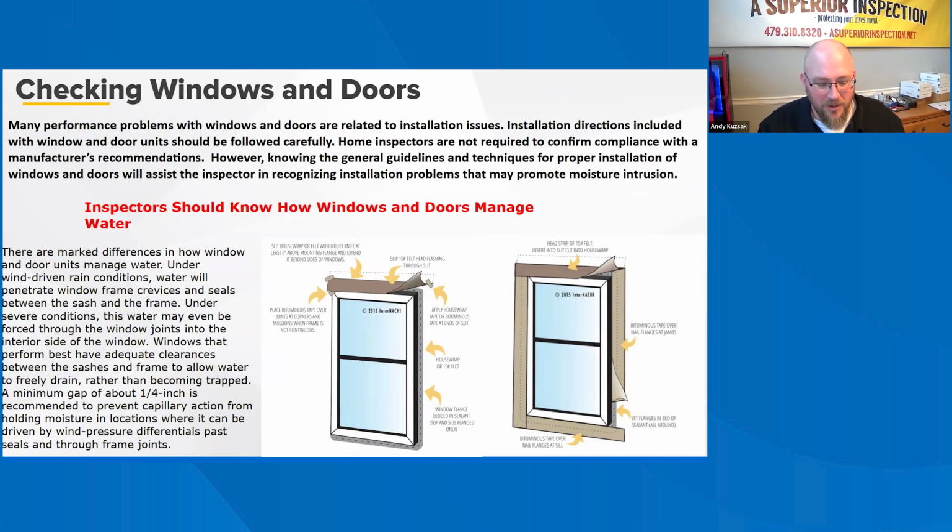So we are getting more and more calls from clients asking about moisture intrusion coming through windows and through different penetrations, just due to the amount of wind pressure being exerted from the wind-driven rain during our high wind events here in my area.